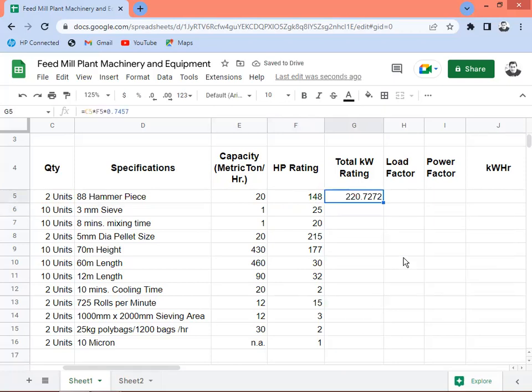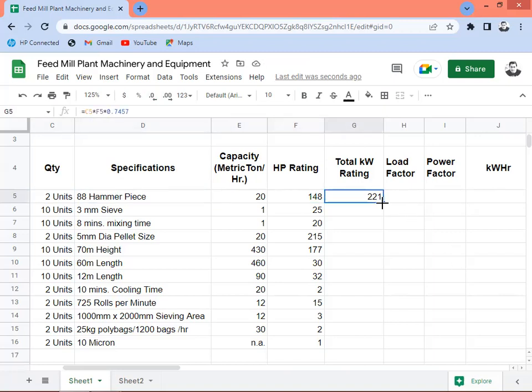So therefore it would be 220. I'm going to remove the decimal places, so that would be 221, because we have two units.